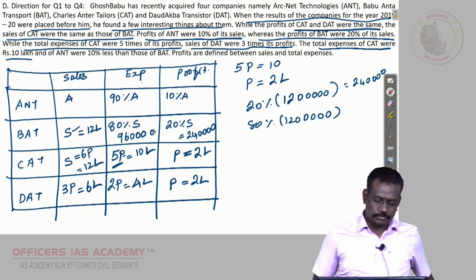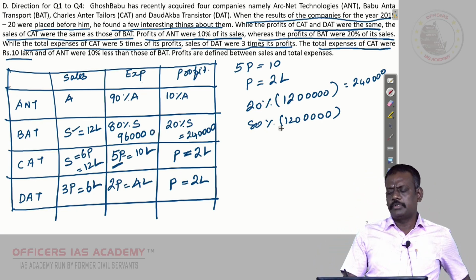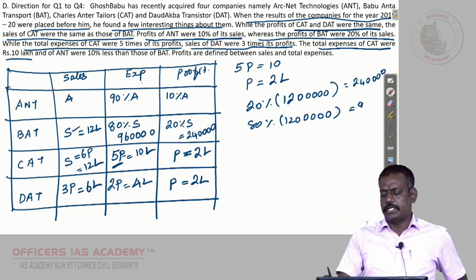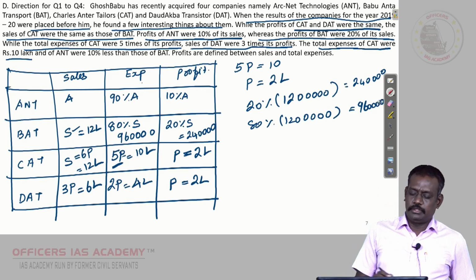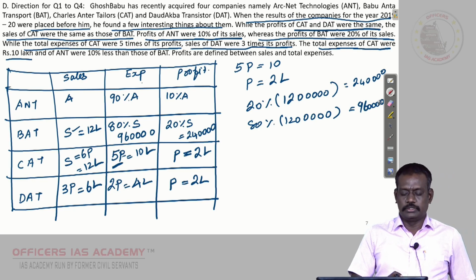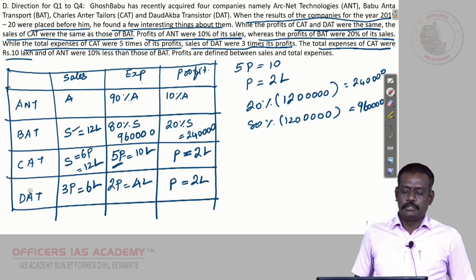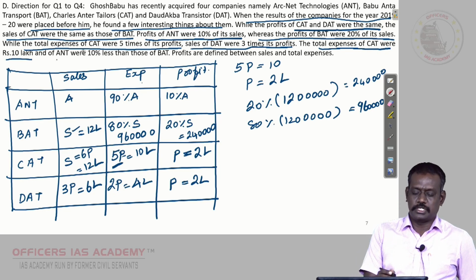Okay, good children. So here 80% of 12 lakh is nothing but 9,60,000. Understood? Is it clear? Now we have filled almost all the columns for bat, cat and dat, and we are left with ant. So for that we go to the last statement.